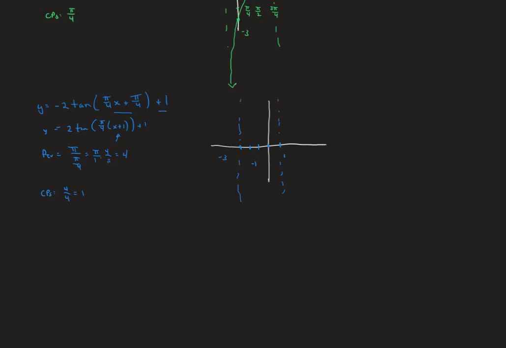We have moved this up 1, so when we start in the middle at negative 1, that's going to actually be at a y value of positive 1. Because of the 2, we're going to stretch this, so I'm going to need to go 2 up and 2 down to get those one critical point right and left. Because of the negative, it's going to be a reflection in the x, so instead of rising from left to right, it's going to fall from left to right.